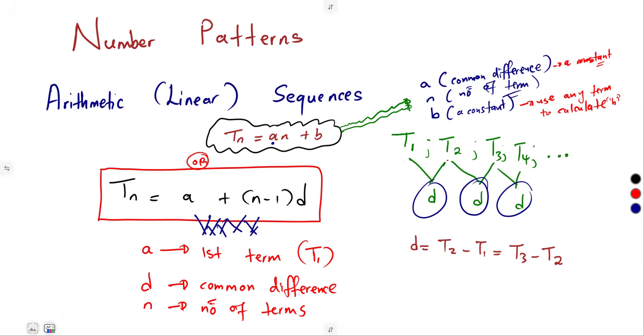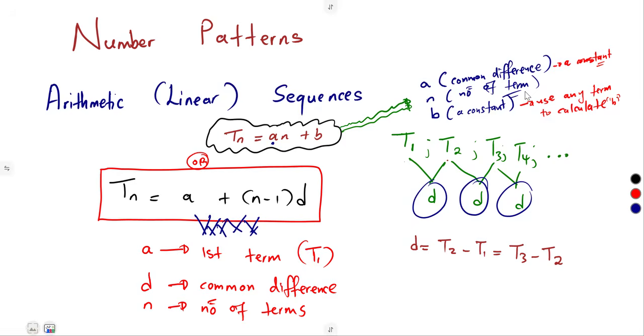And as I said, there are many ways of presenting our calculations, just like what we had before using Tn = an + b, or using the other formula, you can still determine the nth term.